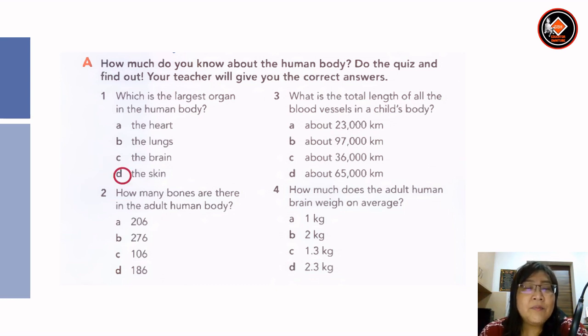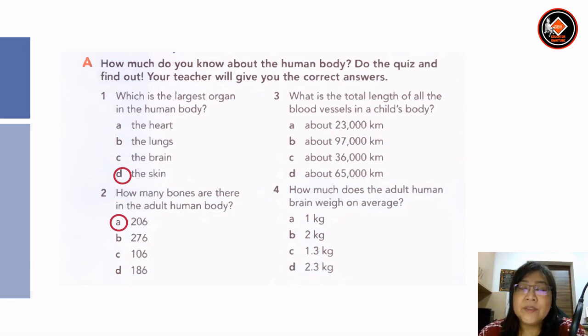Number 2. How many bones are there in the adult human body? 206, 276, 106, or 186. So the answer is 206. Number 3, what is the total length of all the blood vessels in a child's body?